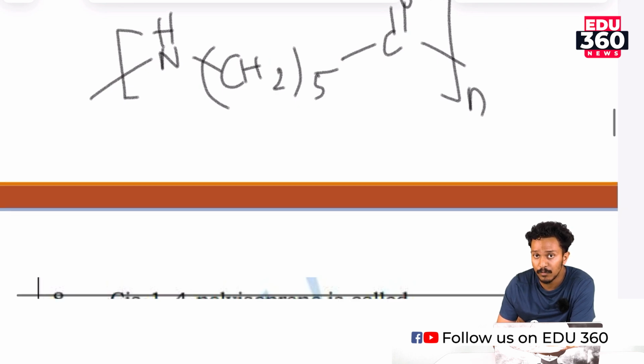This is nylon 6. You will be wondering what is nylon 6,6. It's actually a long chain polymer of adipic acid and hexamethylenediamine. So, nylon 6 is the correct option for repeating 5 methylene groups.